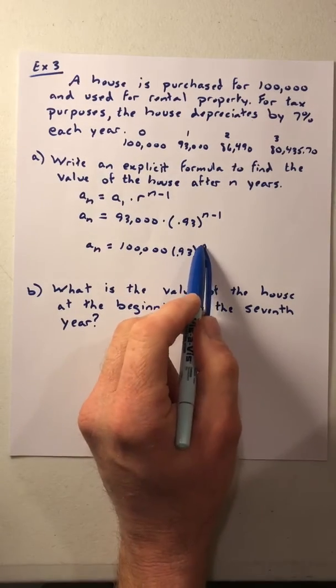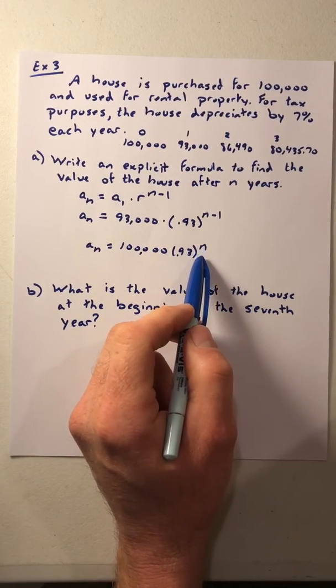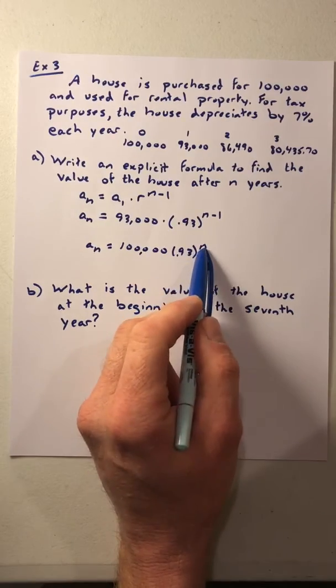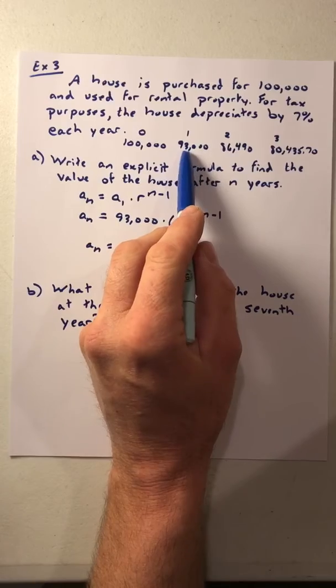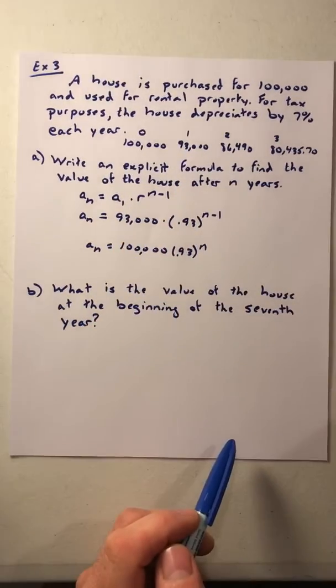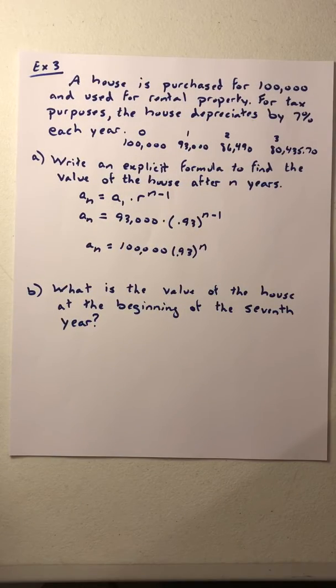And that's going to allow us, now if we plug in 1, 93% to the first power is 93% times 100,000, gets us to that 93,000. So in either case, we can use either of these formulas. And it's really preference on which one you want to work with.